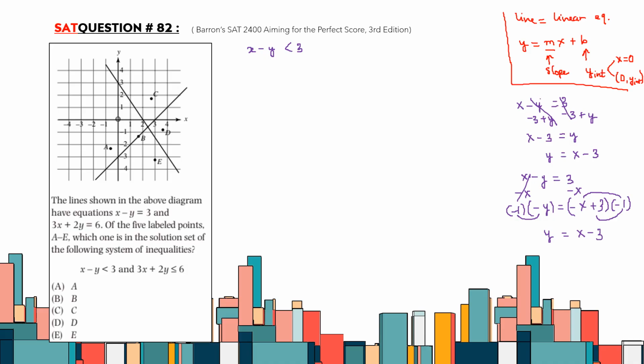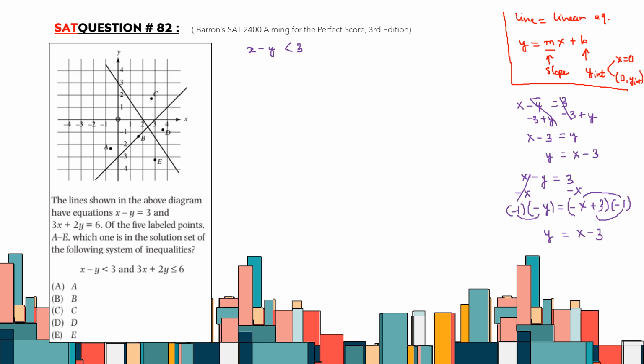But if we just need to isolate positive y, we know that if we add y to both sides, that will make the problem more straightforward. If the left-hand side is equal to the right-hand side, then when we swap the sides, nothing is changed.